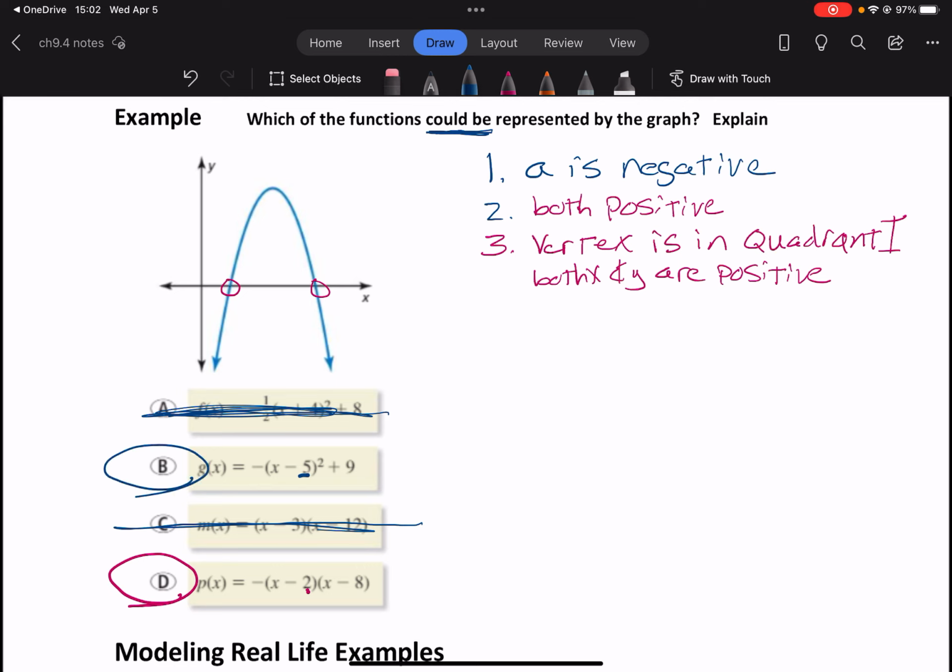So the answer on this one is B. The vertex is in quadrant 1 and negative A. D, the x-intercepts are both positive and A is negative.